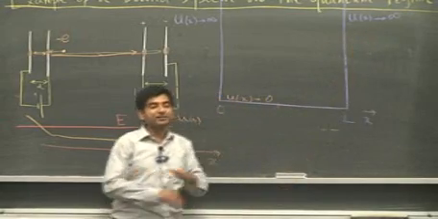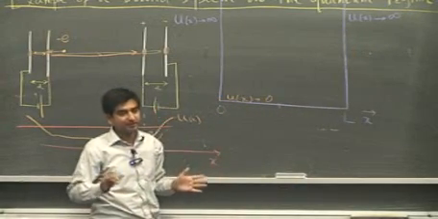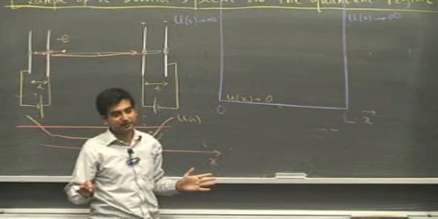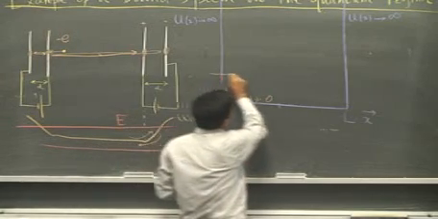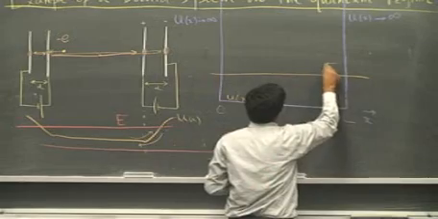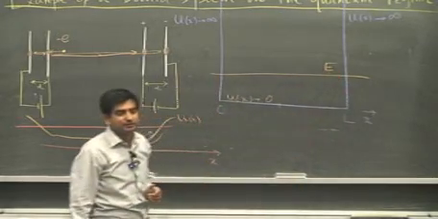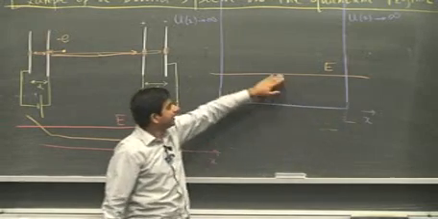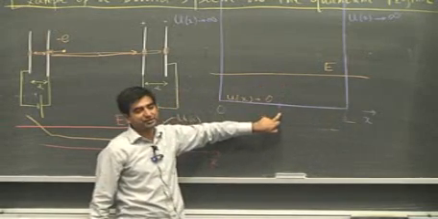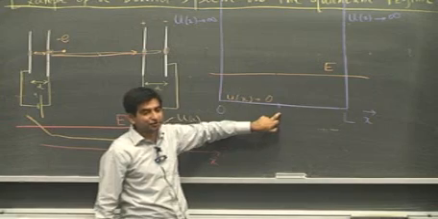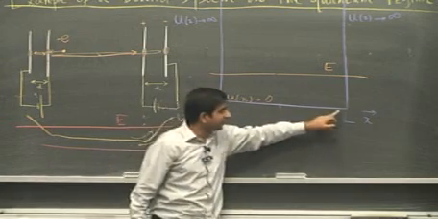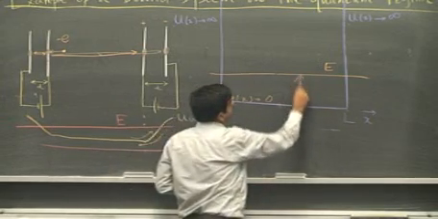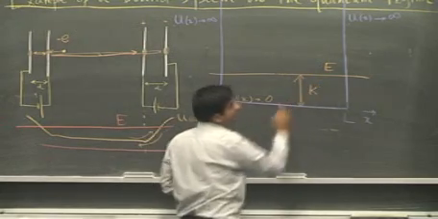Now whatever energy the electron has, suppose it has an energy E. Now in this region between 0 and L, the energy is greater than the potential energy. So the electron will have a certain kinetic energy. This will be the kinetic energy of the electron.